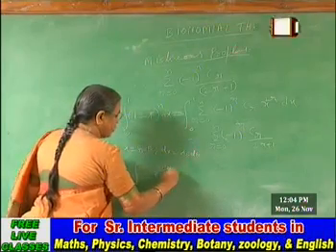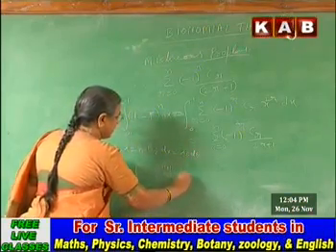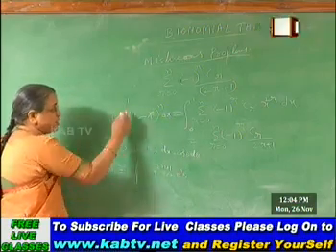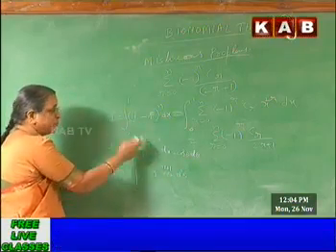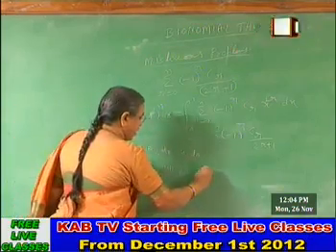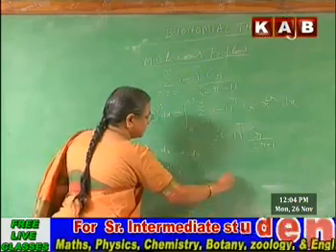So cos power 2n plus 1 theta d theta. Boundaries: for x equal to 0, sin theta is 0, therefore theta is 0; for x equal to 1, sin theta is 1, therefore theta is equal to pi by 2. This is nothing but, according to the reduction formula, I of 2n plus 1.